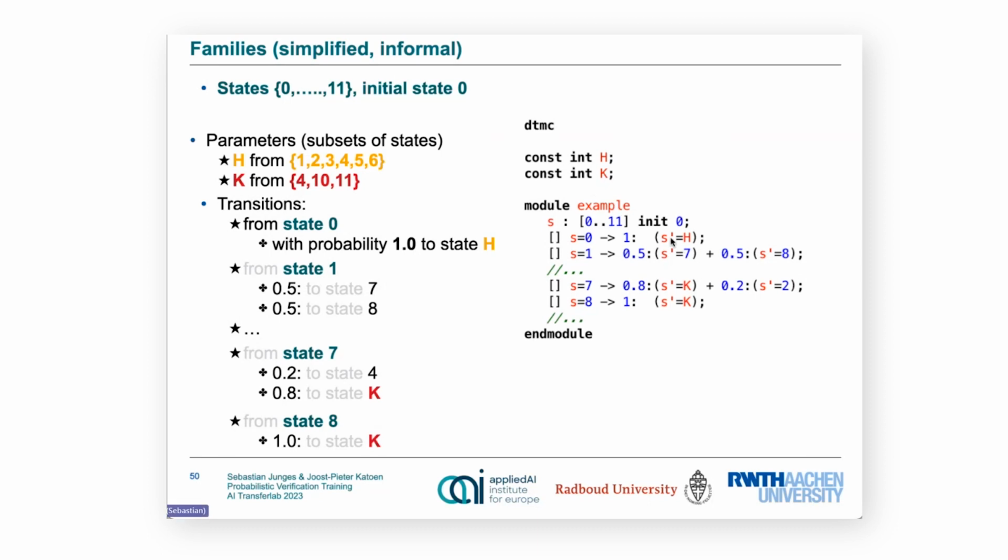And now I'm just saying, well, the new value of s will be this constant integer h, and the new value of s in these states will be this new value k. And now suddenly it all becomes very natural. So you give a prism file and you're asking, what values should I pick for h and k to make sure that the probability to reach a red state is bigger than some lambda.